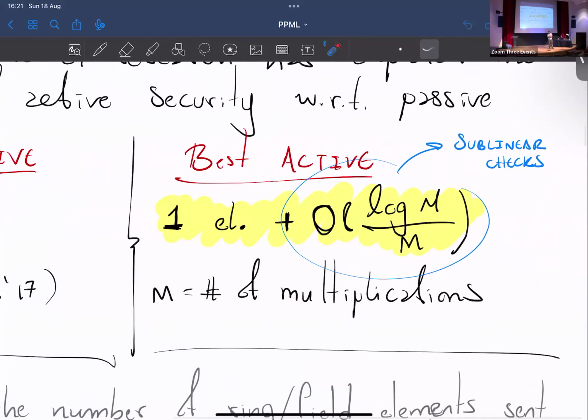And thanks to a technique that was recently developed, which was also mentioned before, these distributed zero-knowledge techniques, I will refer to them as sublinear checks in this talk, the cost of active is actually one element plus something that vanishes as m grows, where m is the number of multiplications.